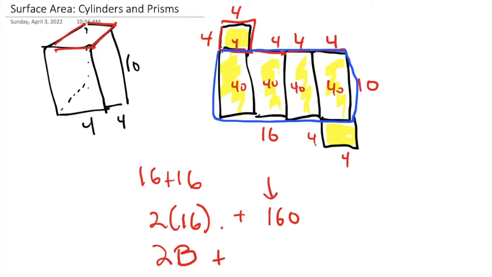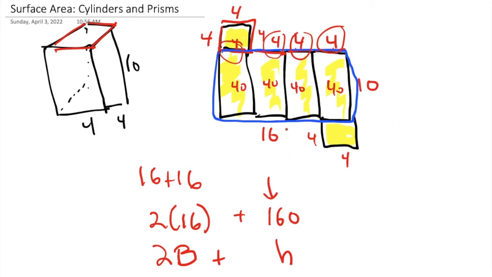So the way we can actually describe that is it's the height of the shape, 10, times the 4 plus 4 plus 4 plus 4, which is 16. And if we remember, the 4 here, here, and here were touching the top of the base. So we can actually get this by adding the 4 pieces of the base, 4 plus 4 plus 4 plus 4.